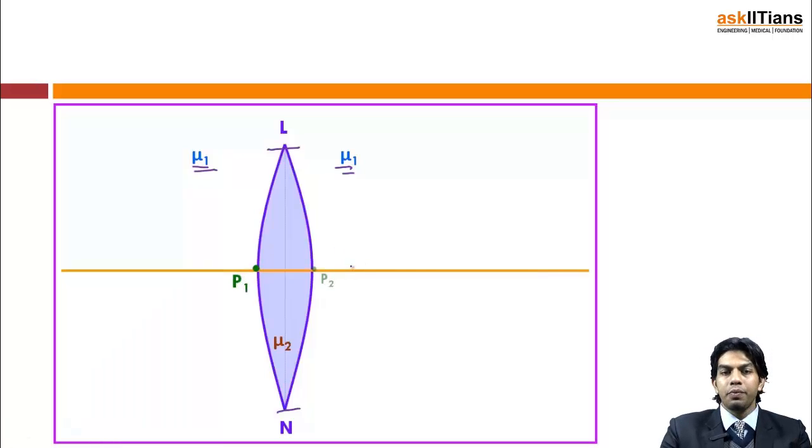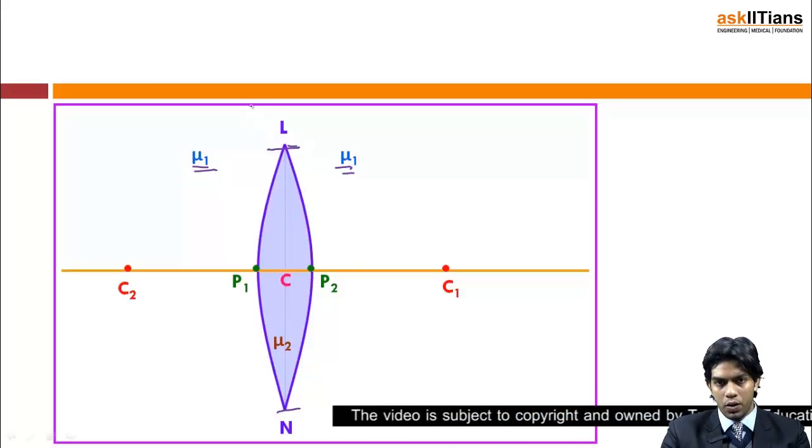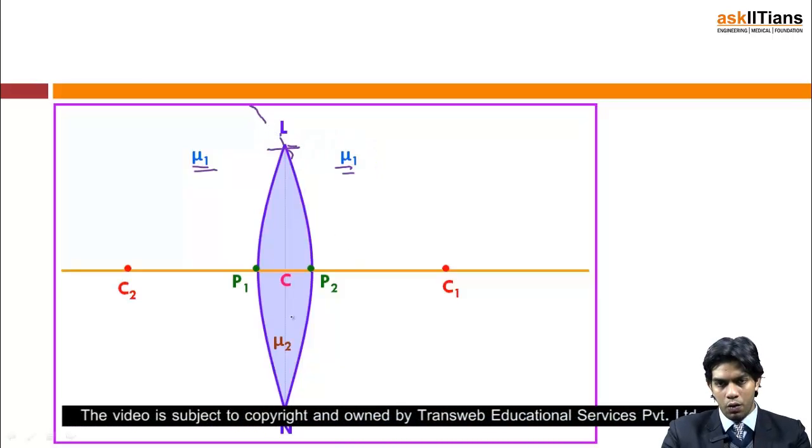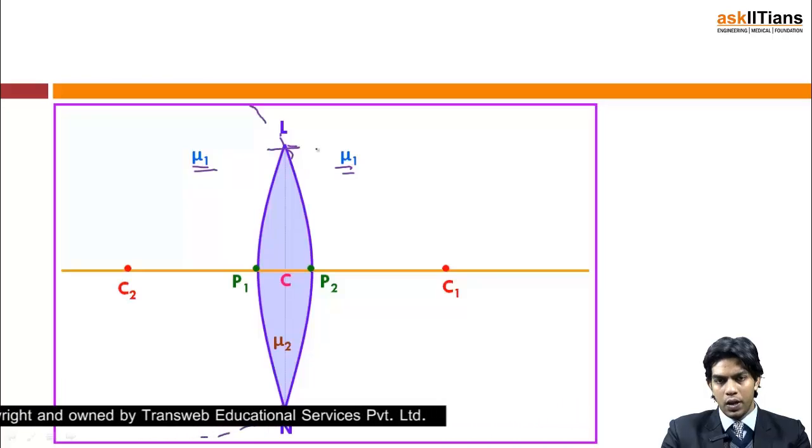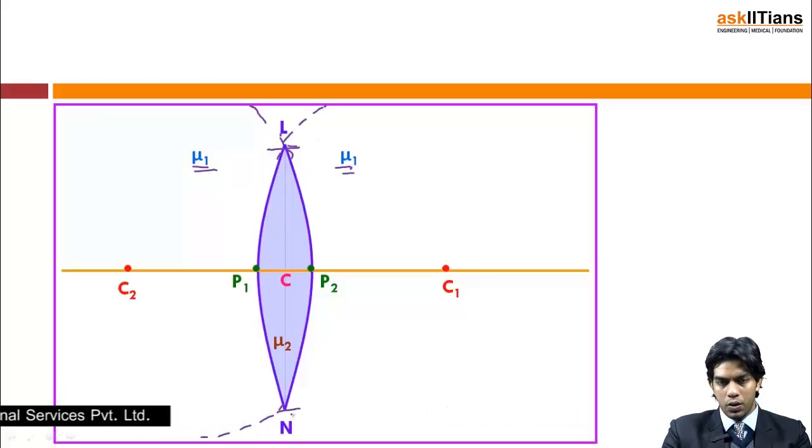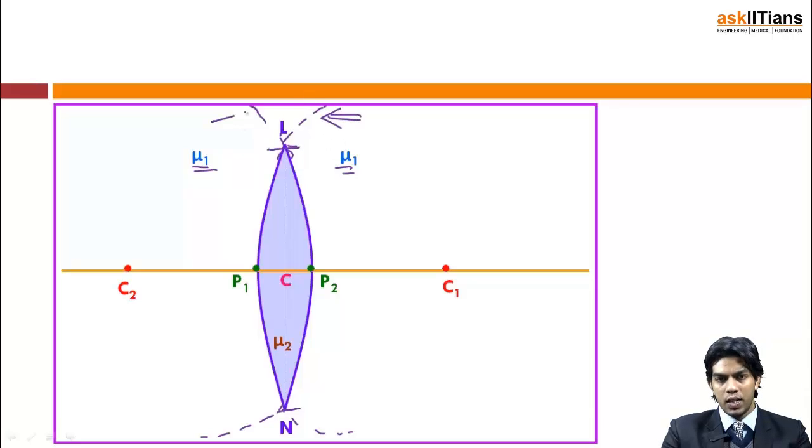Principal axis, P1, P2 being the poles of the two surfaces, C the center of the lens, C1, C2 being the centers of curvature for the two surfaces over here. So C1 will correspond to the center of curvature of this sphere, C2 will correspond to this. Sorry, it's the other way around, that is C1 will correspond to this and C2 will correspond to this.